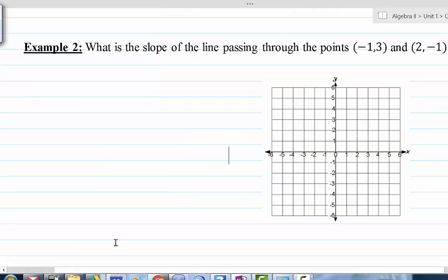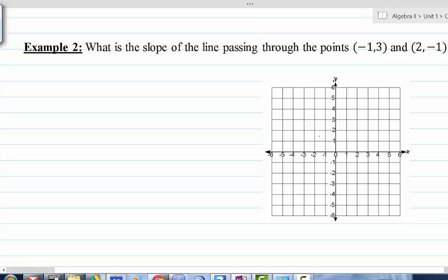It's when you have a graph that things get real. So if I ask you what the slope is of a line passing through those 2 points, right? First off, -1, 3. I know we've graphed before, so we kind of know how to plot points. No, that's not -1, 3.